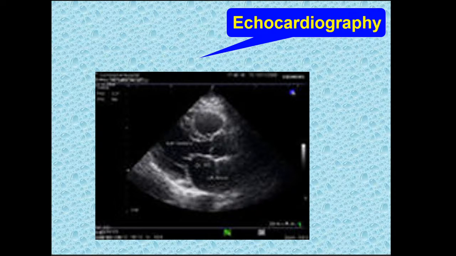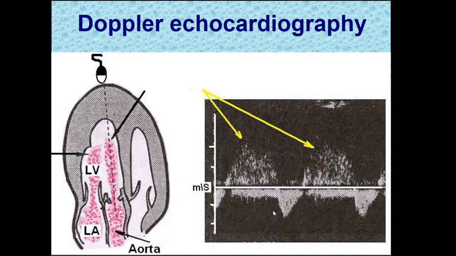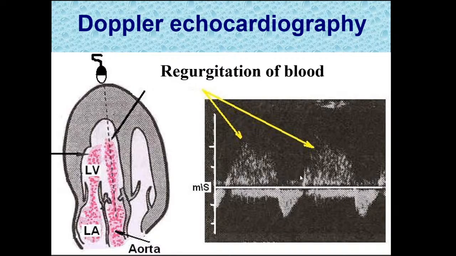Echocardiography shows problems with the aortic valve. During the diastolic period, blood should go only from the left atrium into the left ventricle. But you see, the aortic valve is also open, when it must be closed. Two blood flows, normal and abnormal. Doppler echocardiography will show a regurgitated abnormal jet of blood.